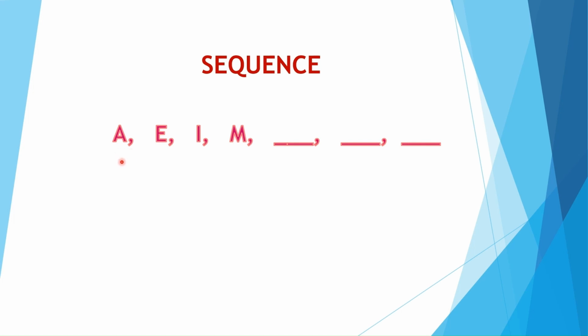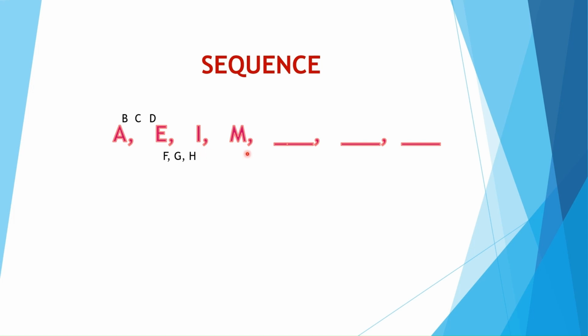Okay, so the first letter is A, followed by E. So it seems that some letters here were skipped. So these are letters B, C, and D. After E is I, so 3 letters were also skipped. And these are F, G, and H.